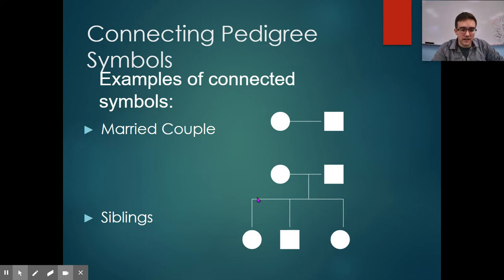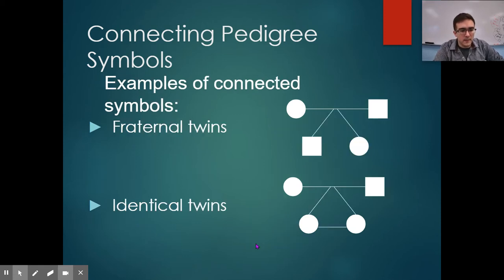So this couple had 3 kids who are all related to each other. We have 2 females and 1 male. So this male has 2 sisters, this female has 1 sister and 1 brother, and the same is true for this female. That's just the basics of pedigrees right there.